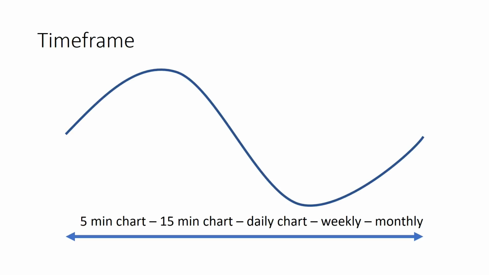So it goes all the way from the 5-minute chart to a monthly chart. And on a 5-minute chart, each 5-minute interval is measured, and there's a price range given to that 5-minute interval.